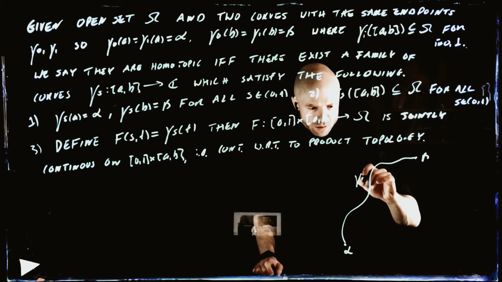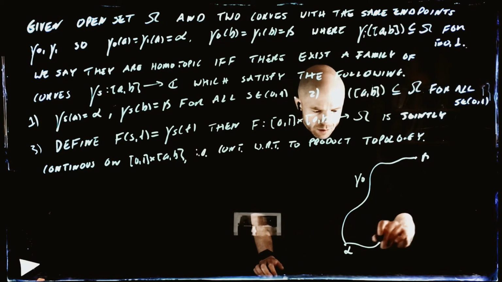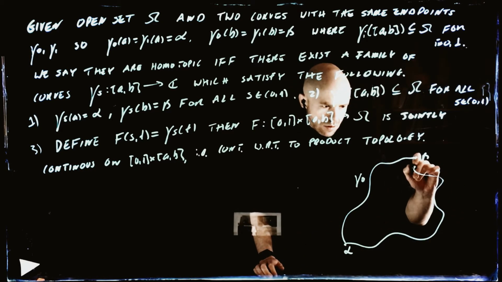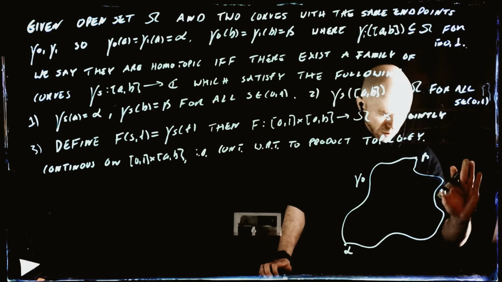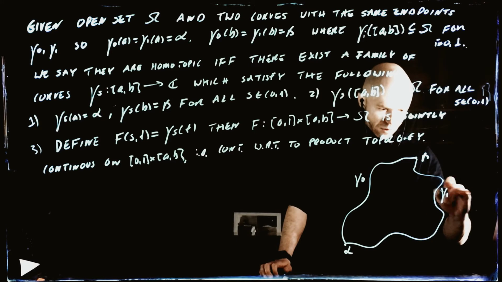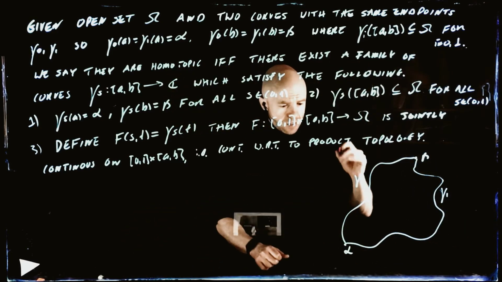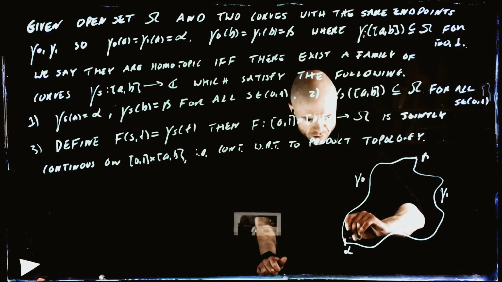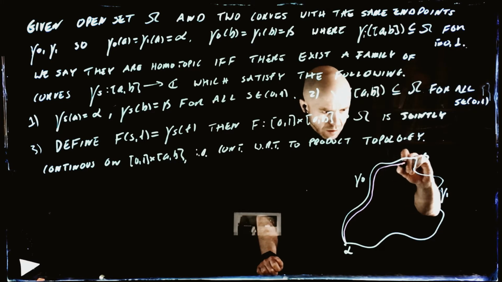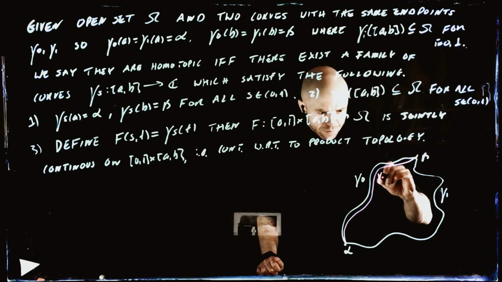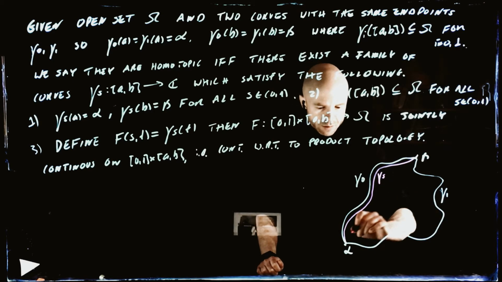Say this is gamma 0. And we have another curve. Say this is gamma 1. And what this condition says is that we have this family of curves which smoothly goes from one to the other, which slowly deforms from 0 up to 1.